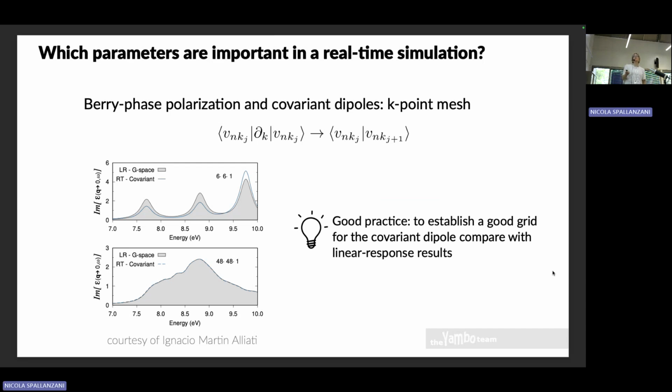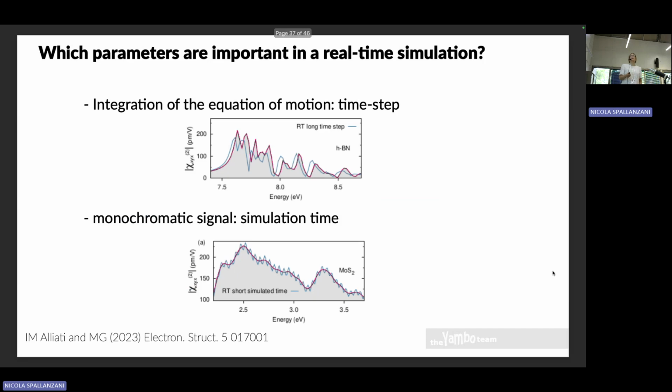So this is a good practice to choose your k-grid. You can do a linear response calculation, and then you do the real time with the delta kick, and you try it for 5 minutes, okay, and you see the differences and converge your calculation.